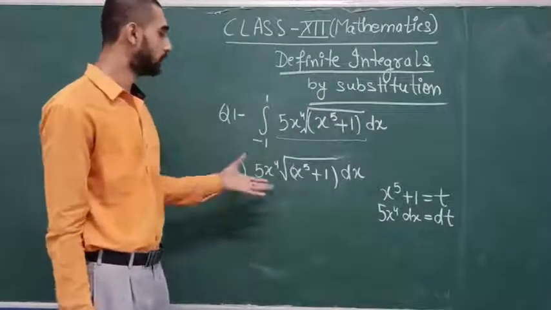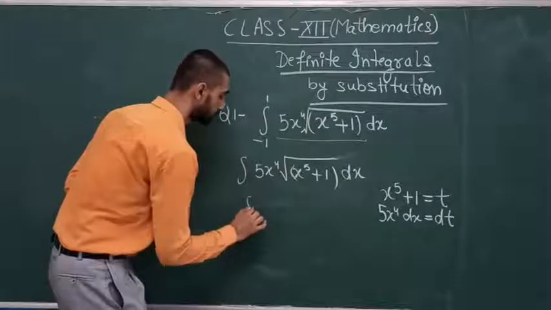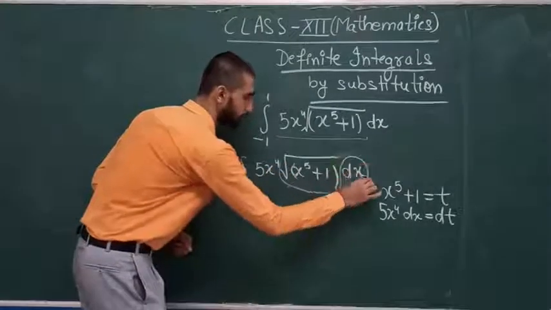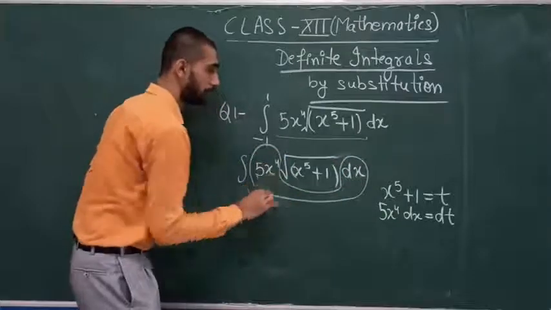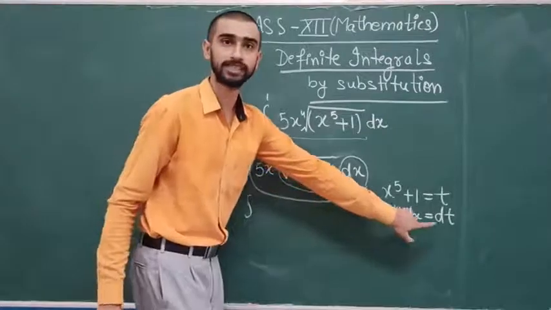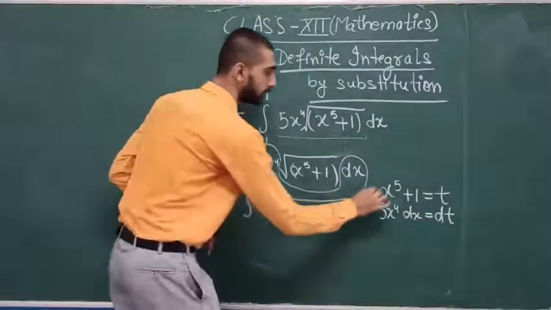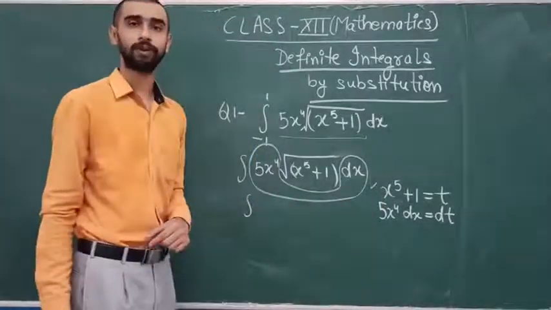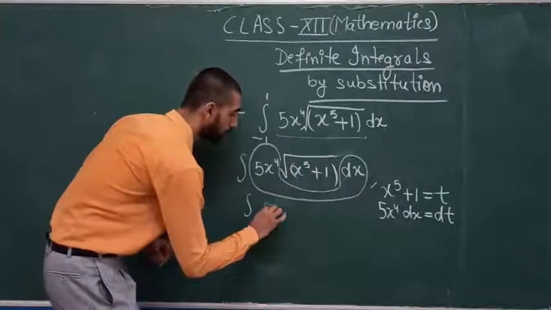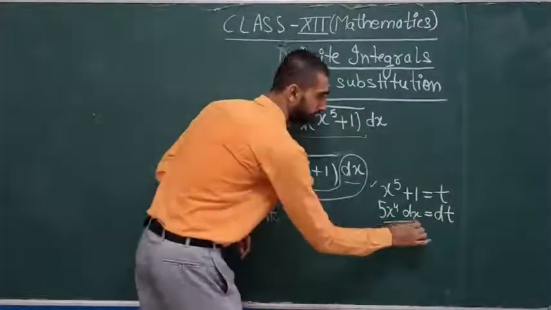Now putting the value in our integral, you can easily see 5x to the power 4 dx is equal to dt, so I will put that value. I also put x to the power 5 plus 1 equals t in our integral. It will become root t, and for these values I have dt.